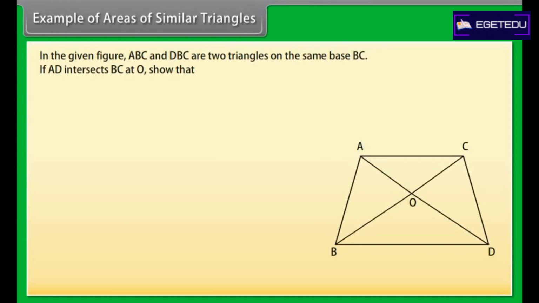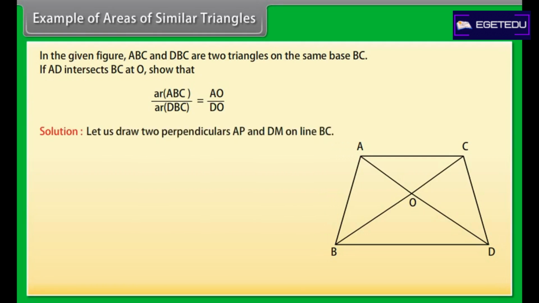In the given figure, ABC and DBC are two triangles on the same base BC. If AD intersects BC at O, show that area of triangle ABC upon area of triangle DBC equals AO upon DO. Solution. Let us draw two perpendiculars AP and DM on line BC.